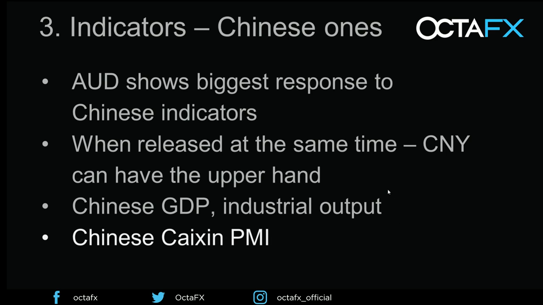Okay, another figure is a forward-looking one and an independent measure, not produced by the Chinese government, but by an independent organization, Caixin. The Chinese Caixin PMI, especially for the manufacturing sector, has a significant impact on the Australian dollar, released at the beginning of the month.